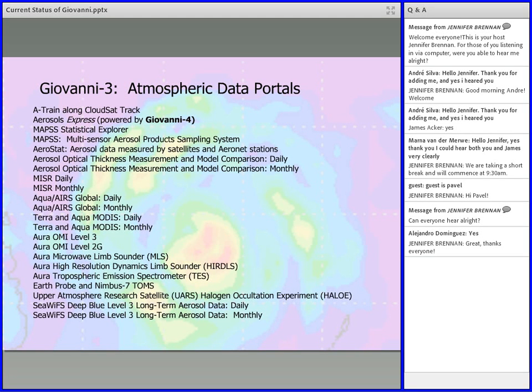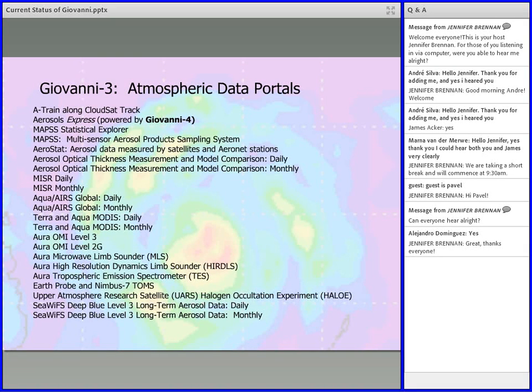We have data from MISR, which is a sensor on the Terra platform. We have data in aerosols in the atmospheric data, that also includes water vapor, clouds and things like that. We have AIRS data that's daily, and we also have AIRS data that is monthly averaged. We have MODIS data from both Terra and Aqua, both daily files and monthly files.